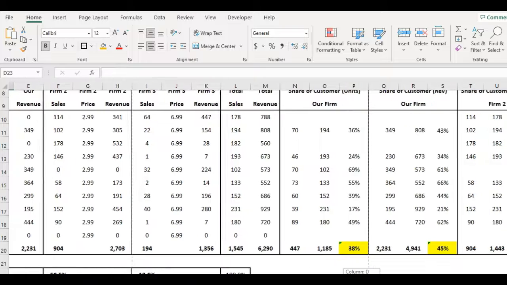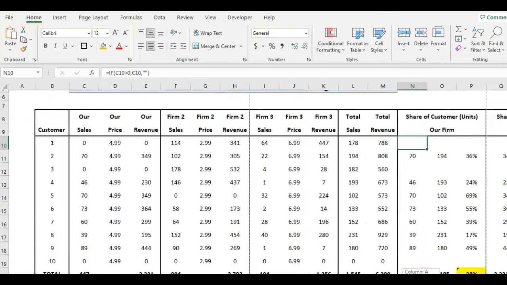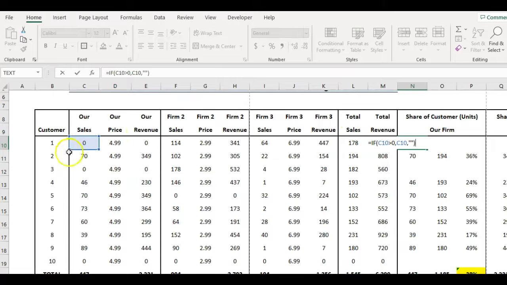So I'll go back now to share of customer. What I need to do is work out for only our customers, only people who buy our brand. So the first one, remember, was a 0. So there's nothing there. I've got a formula there which says, if that number is greater than 0, so if the customer has bought our brand, give me that number.